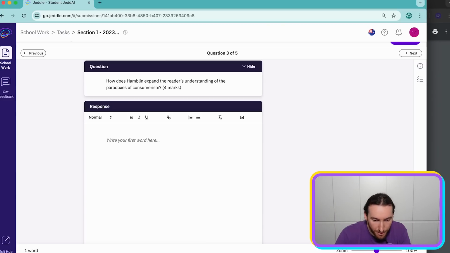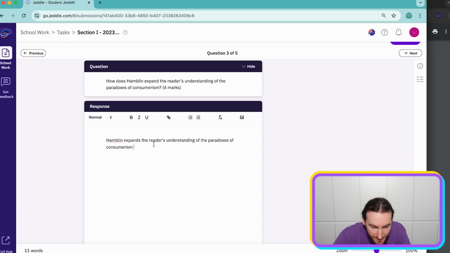How does Hemblin expand the reader's understanding? Hemblin expands the reader's understanding of the paradoxes. No, I'm just leading with the question because I don't want to overthink it. I don't want any of you to overthink it, but you do need to unpack it.